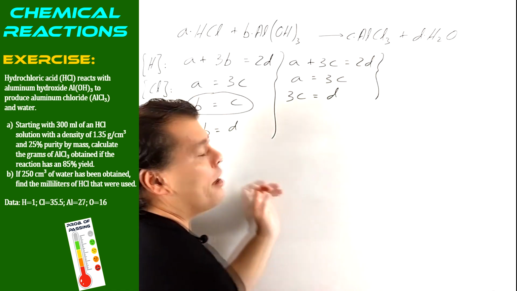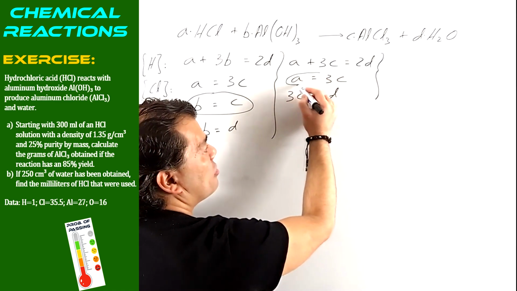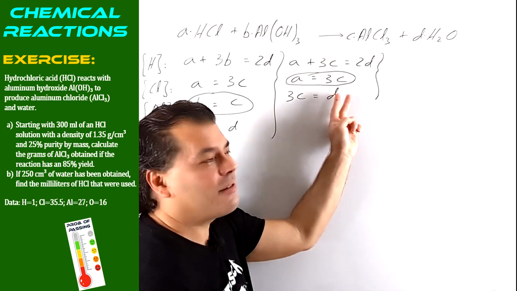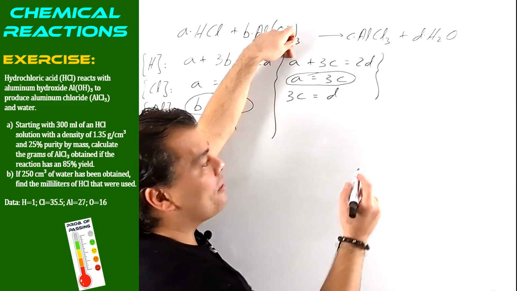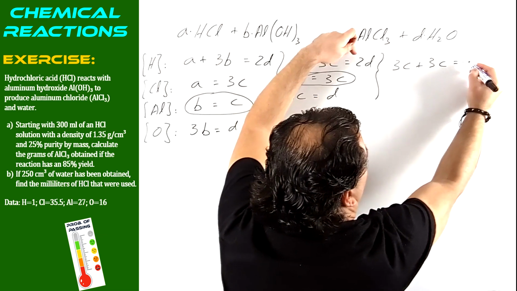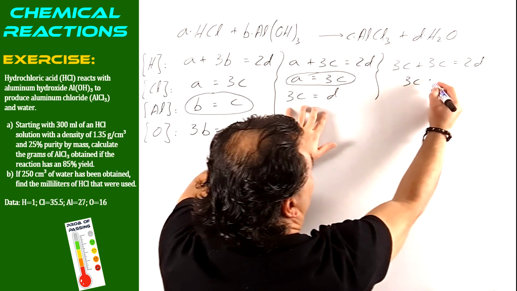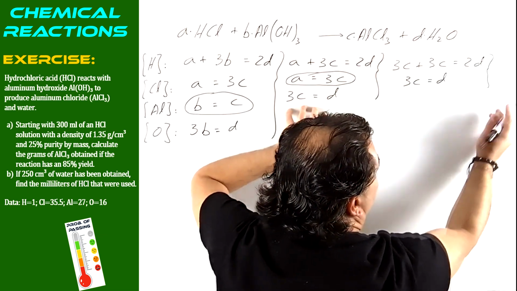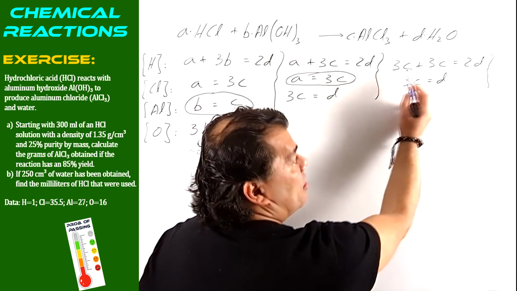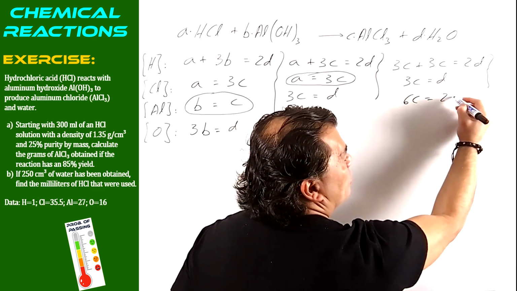Okay? And now, let's do it again. For example, let's choose the second equation, and whenever I find letter A, I will write 3C. 3C plus 3C equals D. And the other one, 3C equals D. And now, let's clean the first equation. 3C plus 3C is 6C, must be equal to 2D.